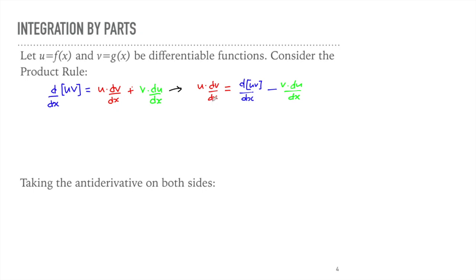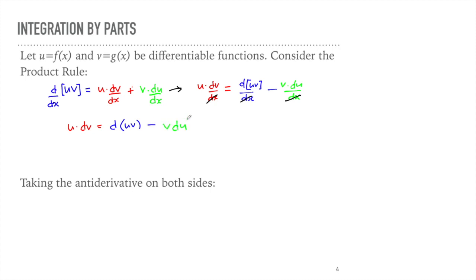In that case, observe that all terms of the expression have dx in the denominator. So, canceling out all the dx, we will arrive at a very nice expression: u times dv equals d of uv minus v du.